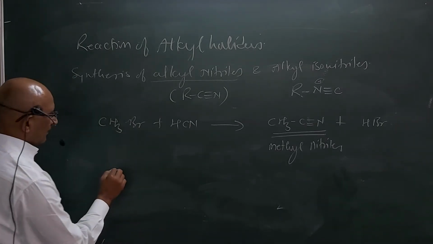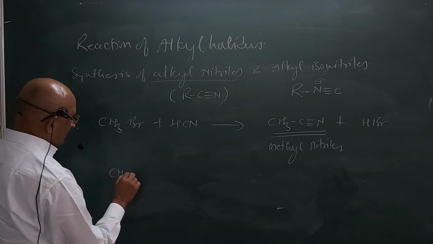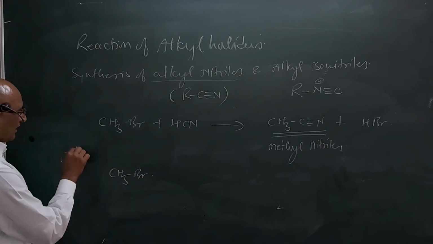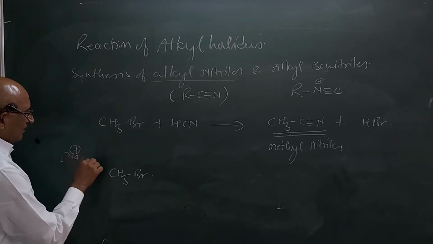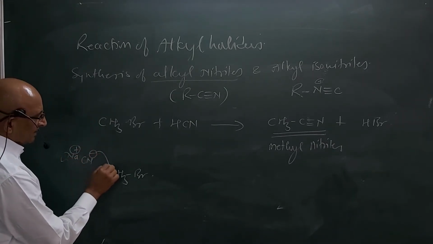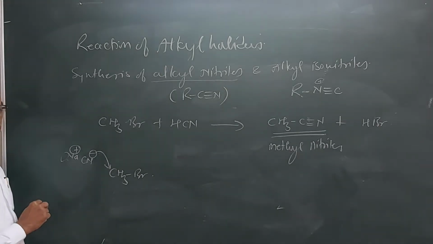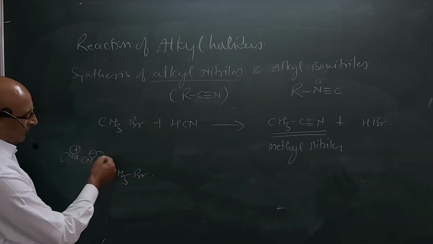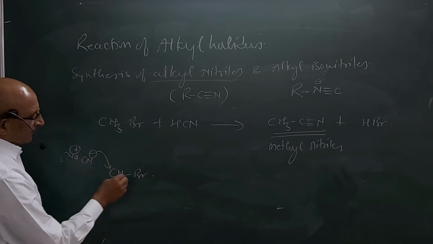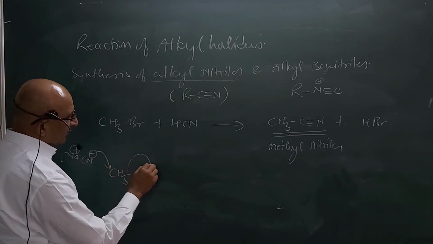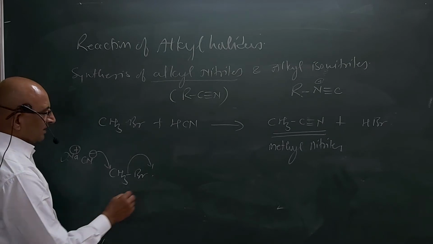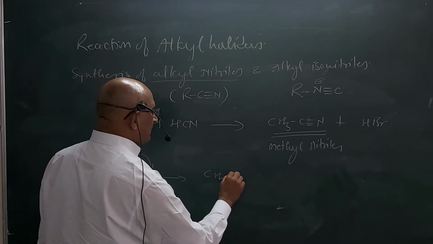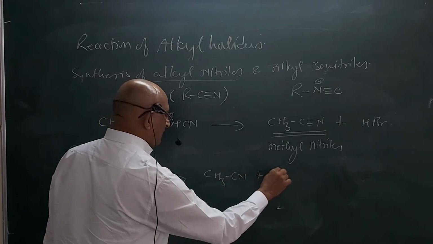The mechanism of this reaction: CH3Br, and if you take Na plus and CN minus, this CN minus attacks in an SN2 fashion, that is substitution nucleophilic bimolecular, where the attack takes place from the backside and the leaving group, bromine, is cleaved, and you get the formation of CH3CN plus NaBr.